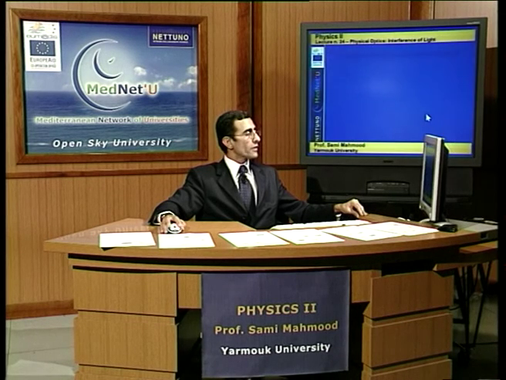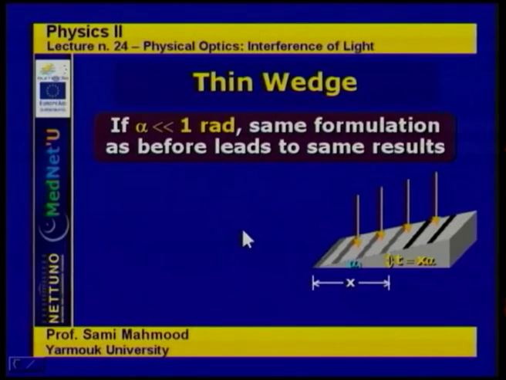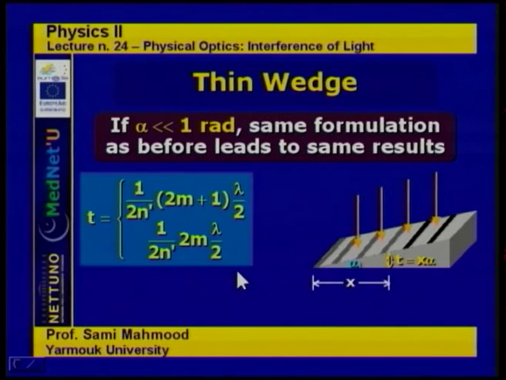And for a thin wedge, if we consider that α is very much smaller than 1 radian, very small, then this can be considered as a thin film, like what we derived a little while ago. And if we call the thickness at a given point T instead of L, then we get exactly the same result as we obtained a little while ago.